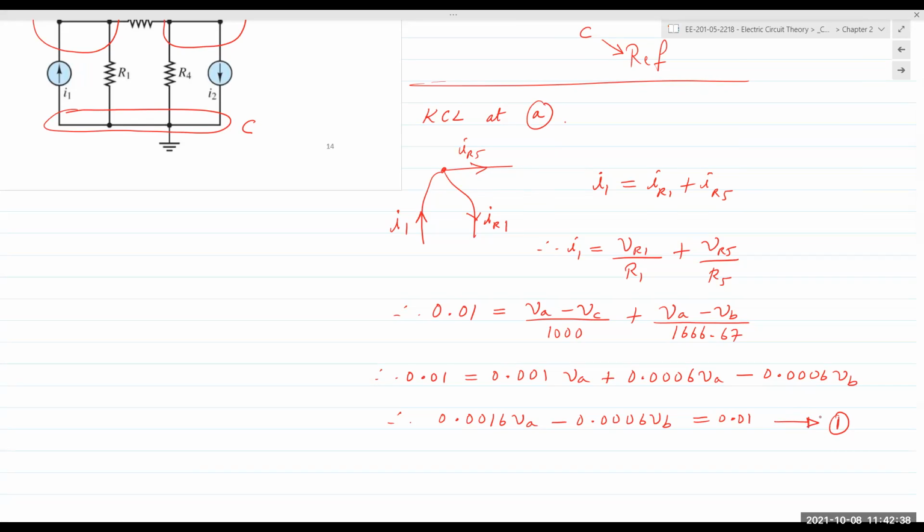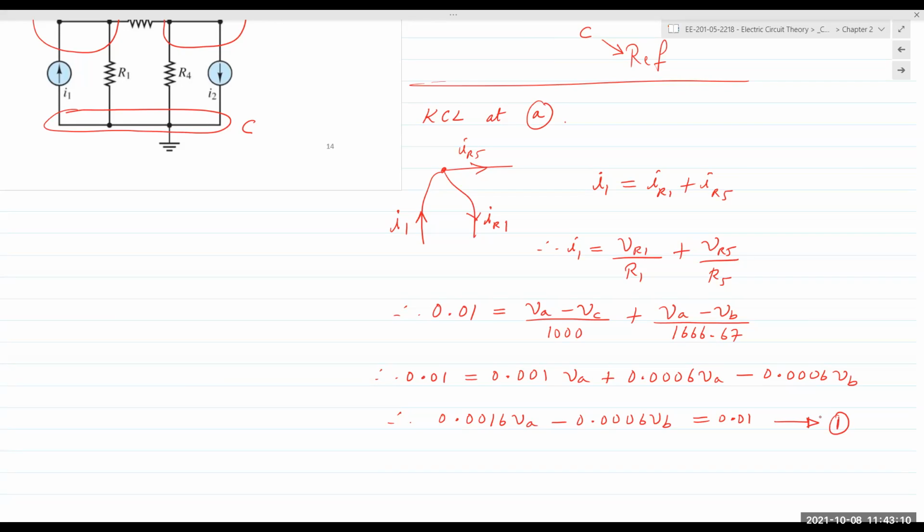VC is our reference, so it's equal to 0. Because it's a reference point, VC is 0, so it's eliminated. Again, your reference point does not have to be ground. But when you write out the equations, the important thing to keep in mind is that your reference point, whatever that node is, will be equal to 0.